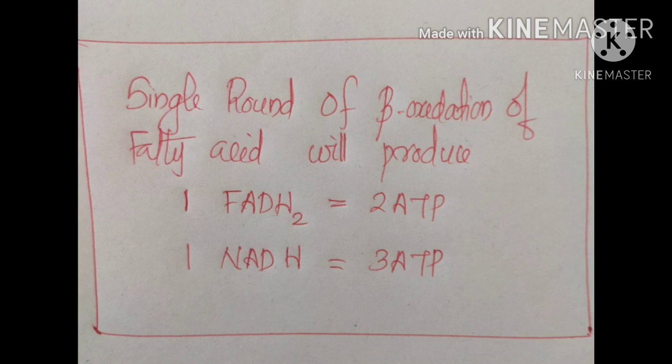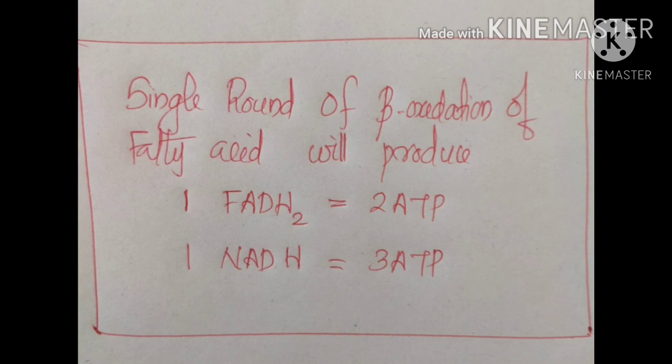These FADH2 and NADH are high energy compounds; that's why they produce more than one ATP. But according to the modern energy concept, one FADH2 will produce 1.5 ATP and one NADH will produce 2.5 ATP. But according to the old concept, one FADH2 will produce 2 ATP and one NADH will produce 3 ATP.